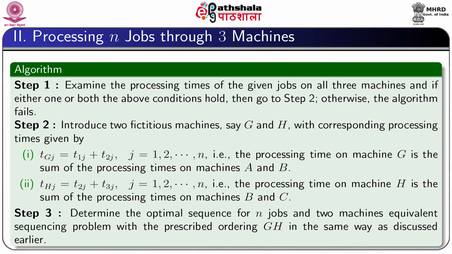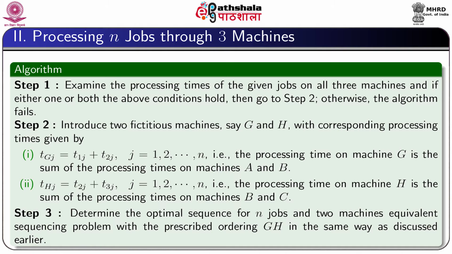Step 2, introduce two fictitious machines, say G and H, with corresponding processing times given by T G j equal to T 1 j plus T 2 j, j equal to 1 up to n. That is, the processing time on machine G is the sum of the processing times on machines A and B. T H j is equal to T 2 j plus T 3 j, j equal to 1 up to n.